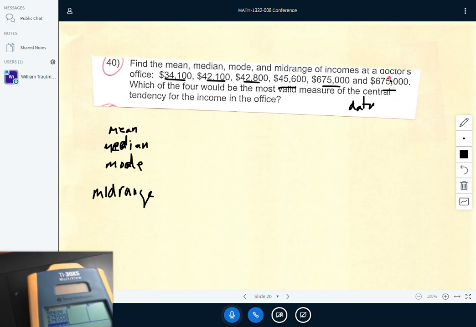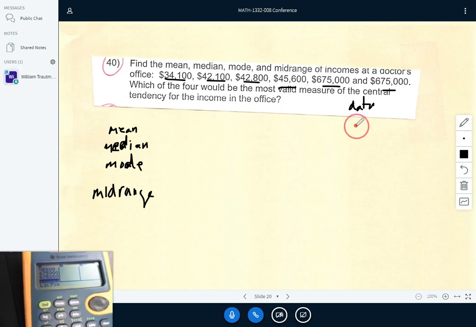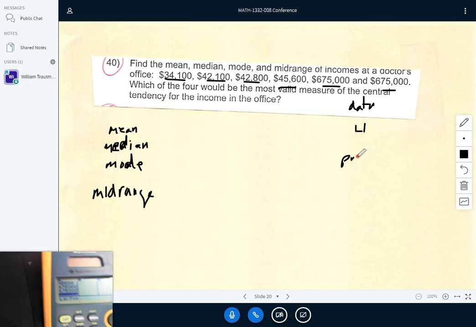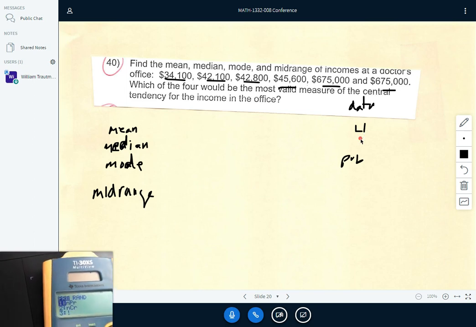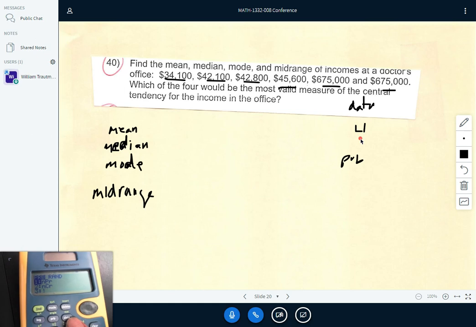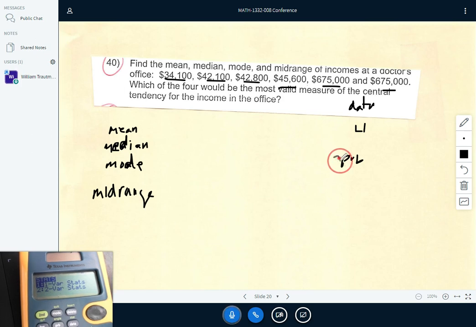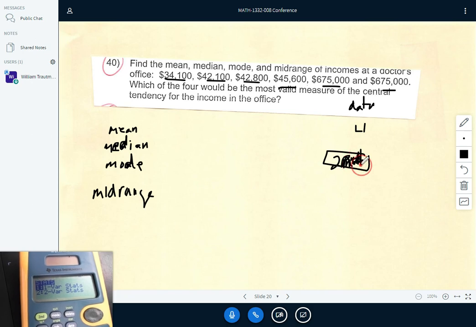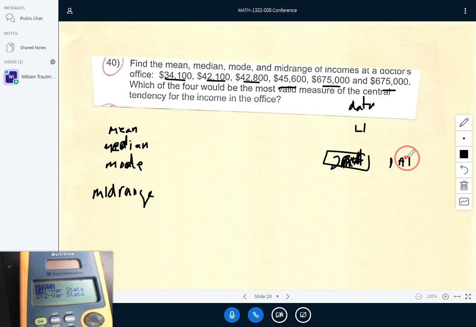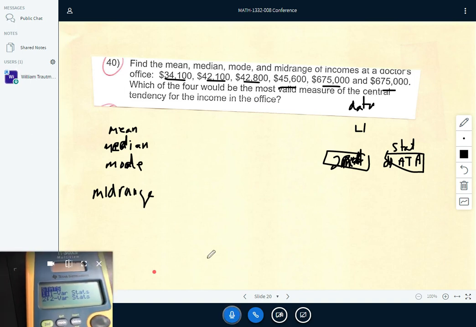Now to find the mean, you put the data into list 1. Then we don't go to probability, we go to stat, which is second data. We hit the second button and then data, which is the stat button, and do number 1, 1-Var Stats.